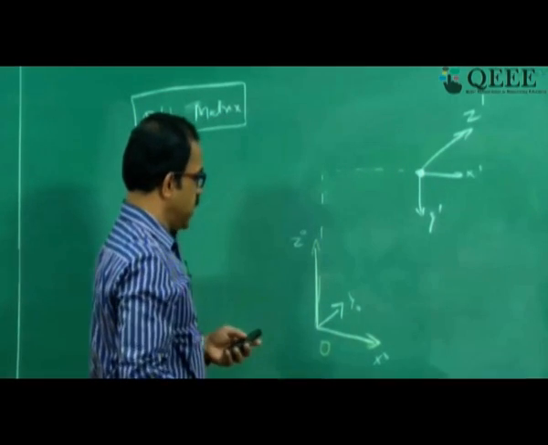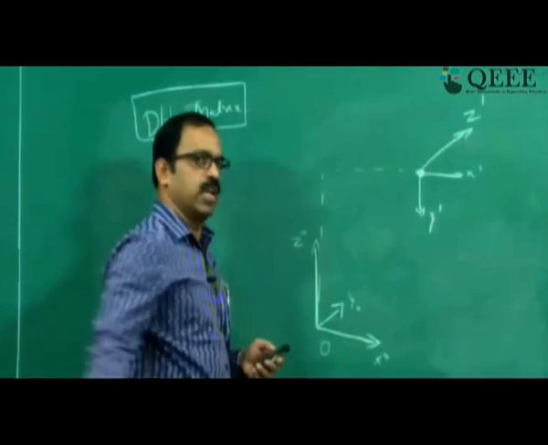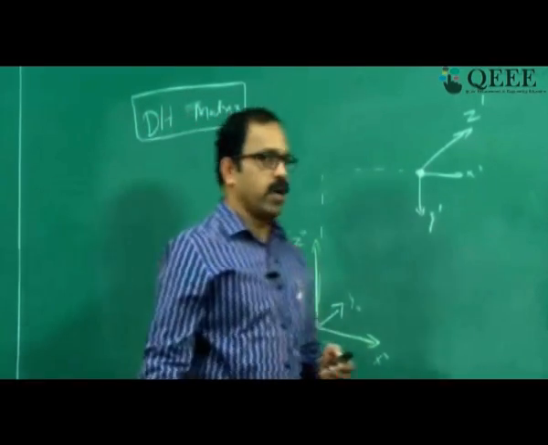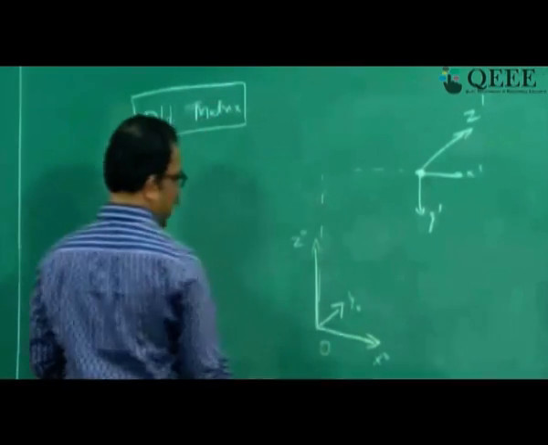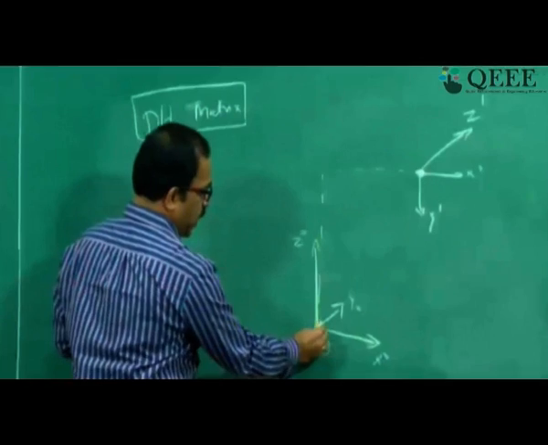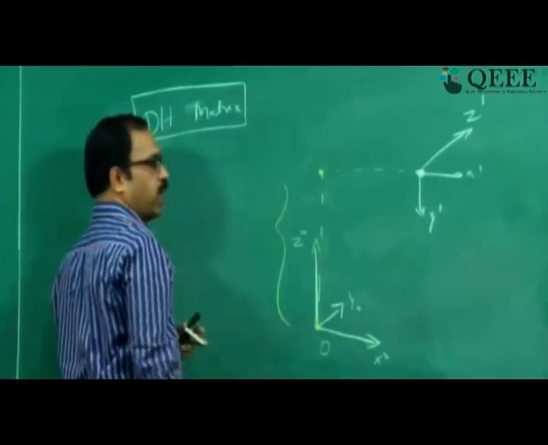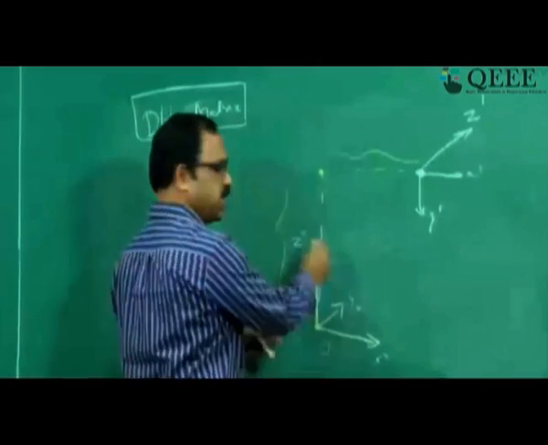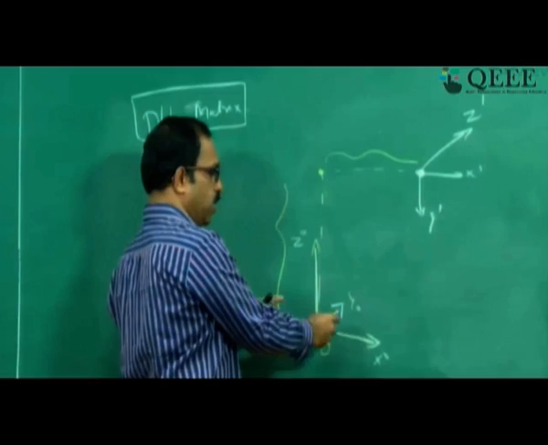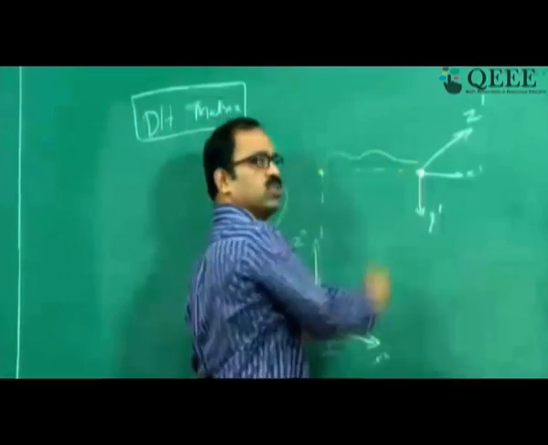And we can always see that the transformation of this coordinate frame to this coordinate frame can be considered as a combination of four movements. This coordinate frame has moved from here to here some distance, and from here to here some distance. It has rotated by some angle with respect to x, and it has rotated by some angle with respect to z also.